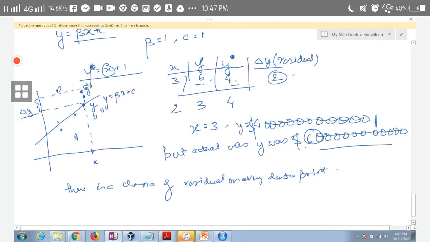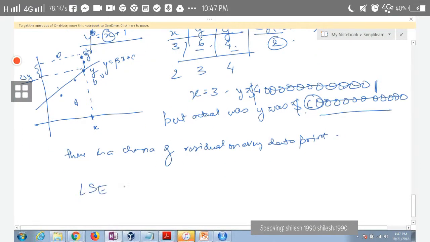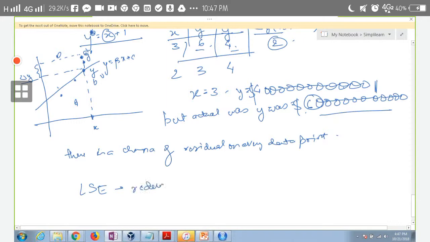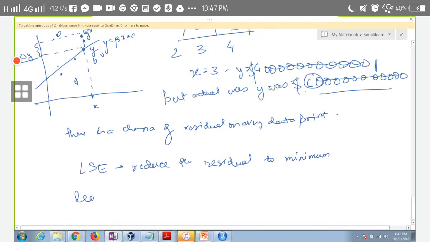So the principle of LSE is to reduce the residual to minimum, and hence the theory says least square estimation.